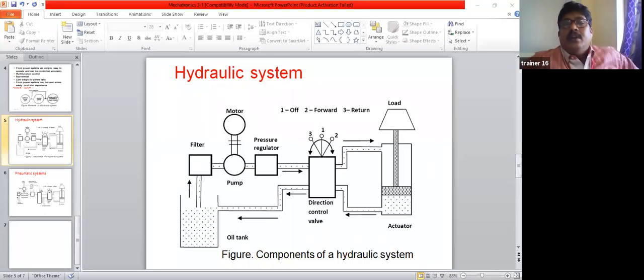All of you know belt drives, you studied open belt drive, cross belt; these are the transmission of power, right? So to avoid all this, we can go for hydraulic and pneumatic. That means the lifting of load and carrying of load.